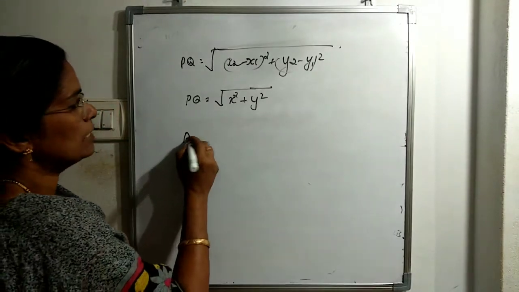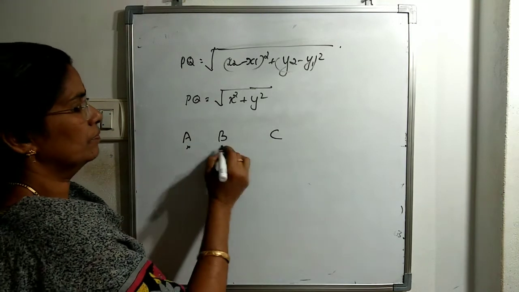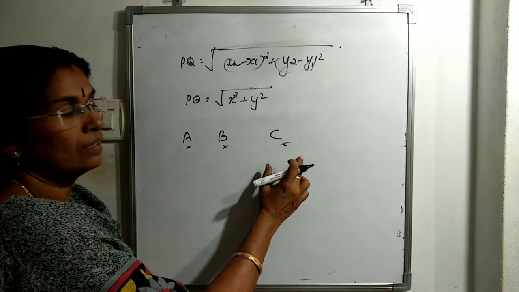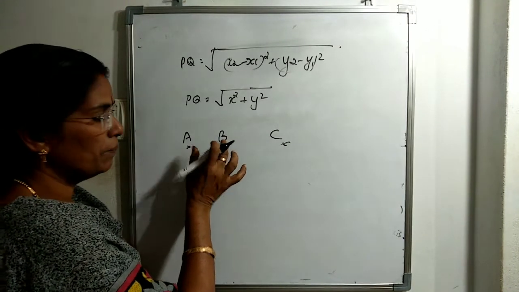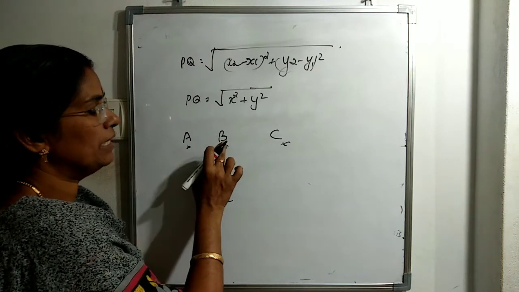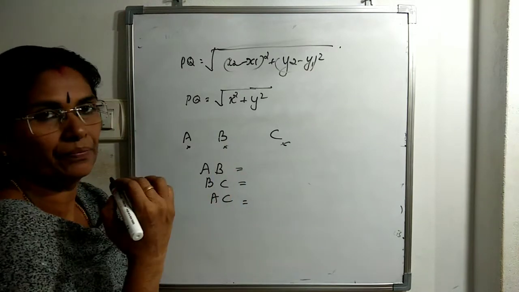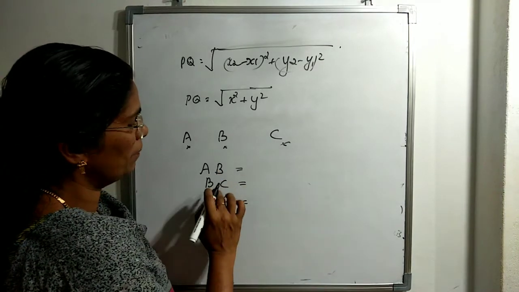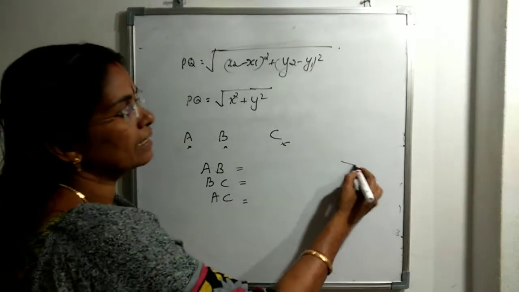Now, if 3 points A, B, C are given, we have to show whether this is a triangle or not. If it is a triangle, we find the distance AB using the distance formula, next BC and AC. If it is a triangle, the sum of any two sides is greater than the third side.